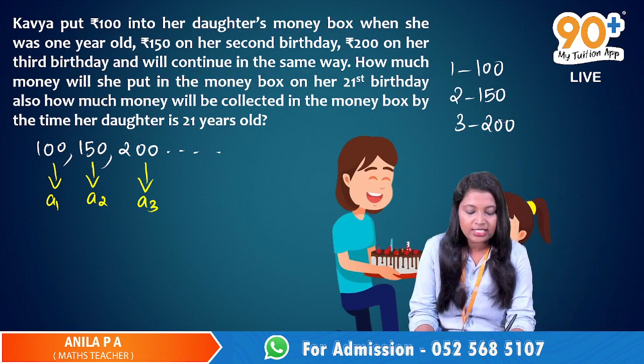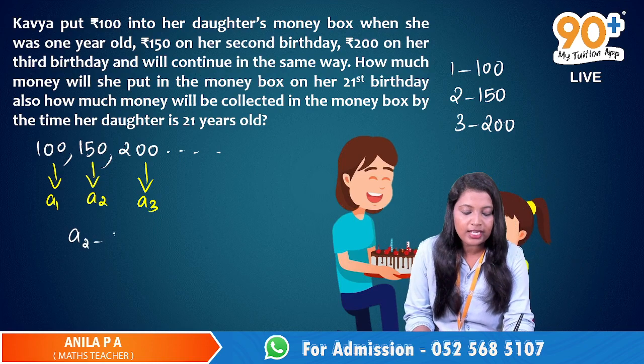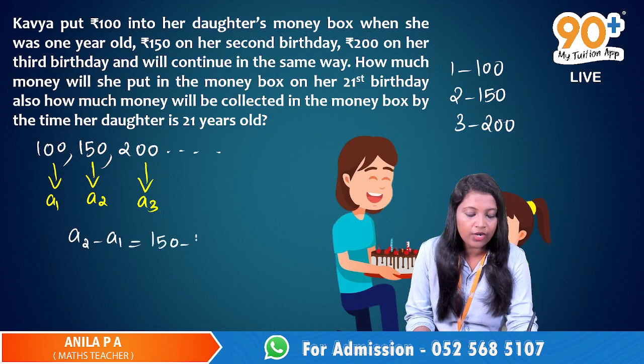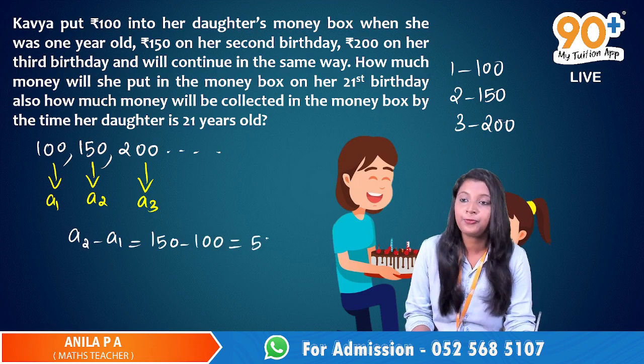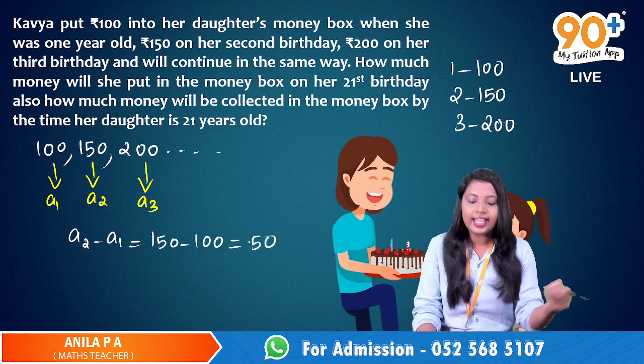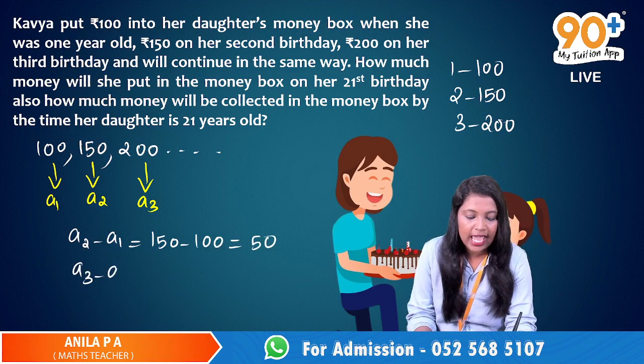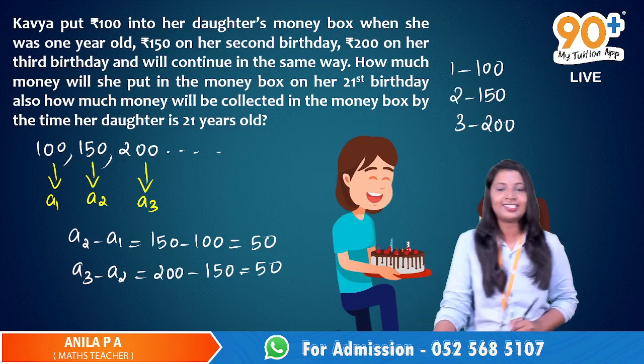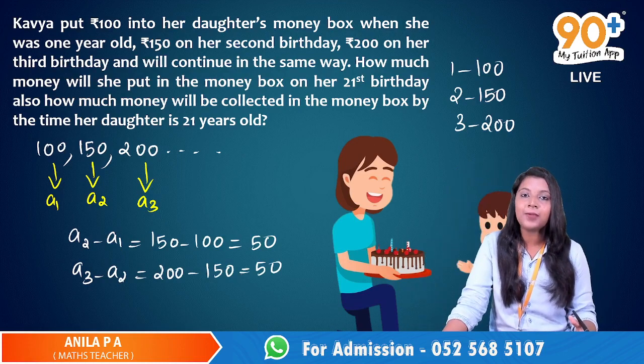Always do this: A2 minus A1. That is 150 minus 100, which is equal to 50. Again find A3 minus A2. Here it is 200 minus 150, again 50. So this sequence is an AP. Why?